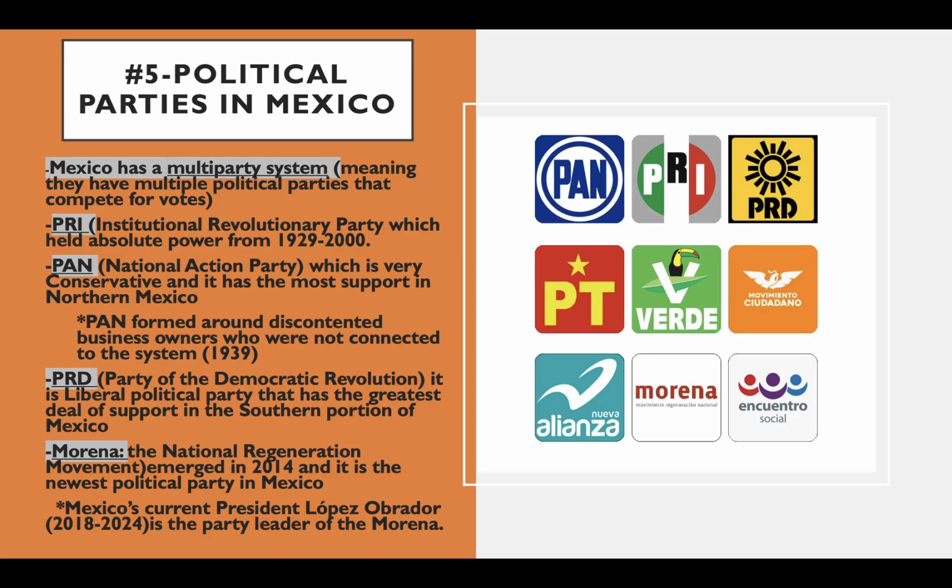They fracture over election fraud claims, which weren't true, and create Morena. That is the present ruling party in Mexico. PRI is the traditional one that's been in power the longest and loses in 2000. They lose to the PRD. They fracture, and Morena is who is ruling Mexico today.